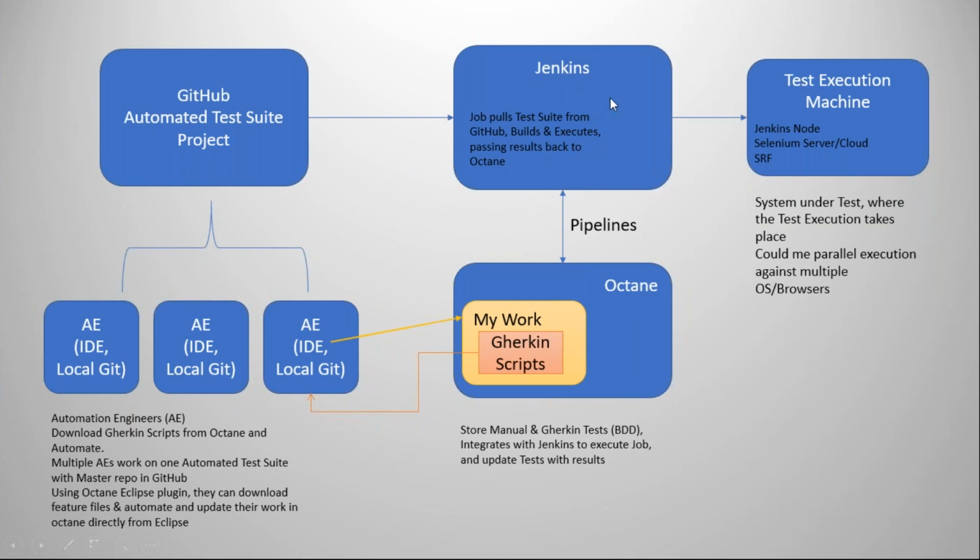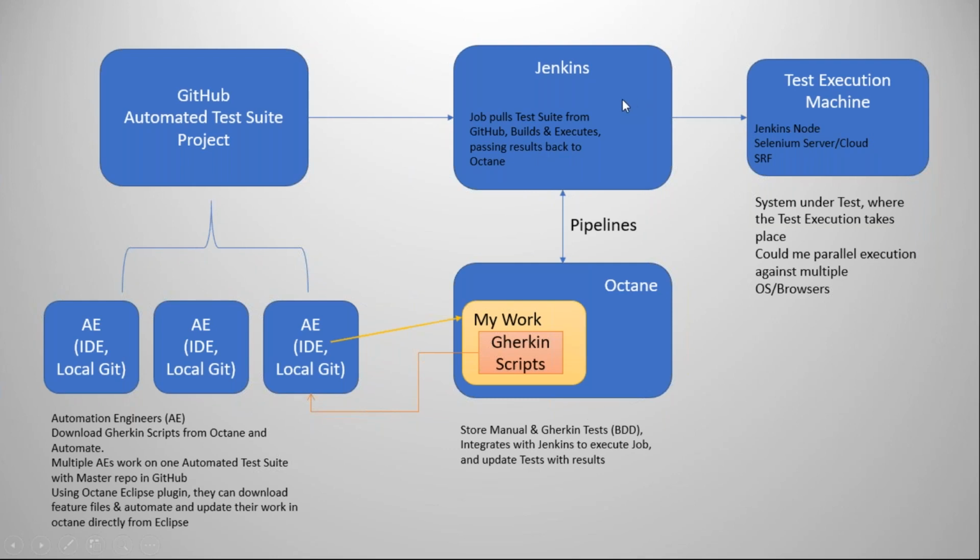The final piece of the jigsaw in this demo to mention is the machine or the cloud service that we're using to actually execute the tests on. As I say, we're using Jenkins as our CI server to pull our automated test suite from GitHub and execute it, so we need a machine to execute that on. In this case, I'm just going to be using the same laptop that I'm delivering this presentation from. So this is just going to be a Jenkins node.